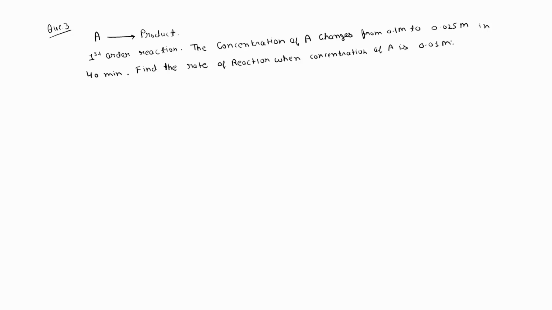What are the options given? Option A is 2.79 into 10 to the power 4 mol per litre, molarity minute inverse. B part is 3.47 into 10 to the power 4 molarity minute inverse. C part is 2.79 into 10 to the power minus 4 molarity into minute inverse.